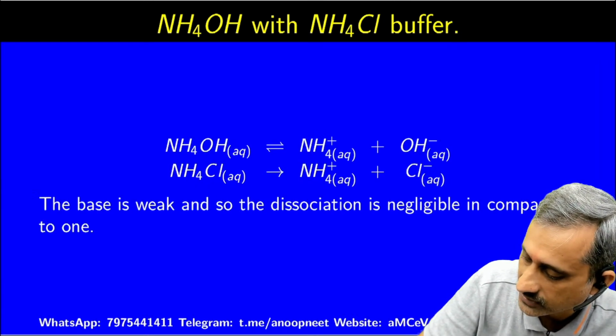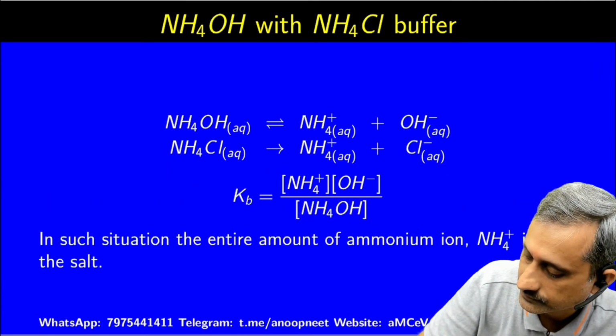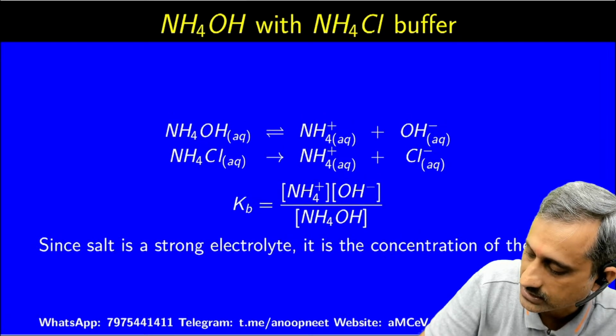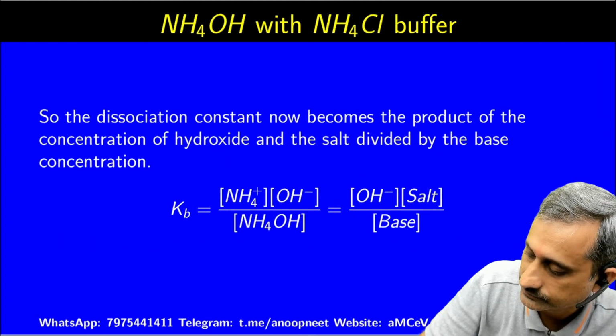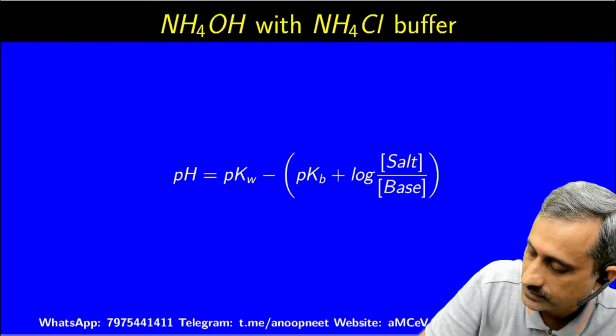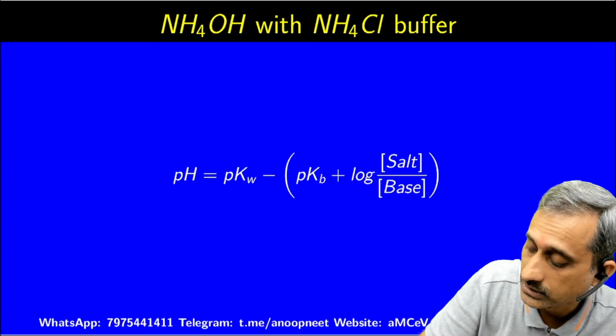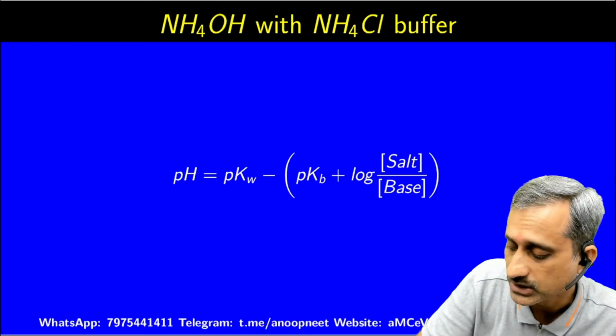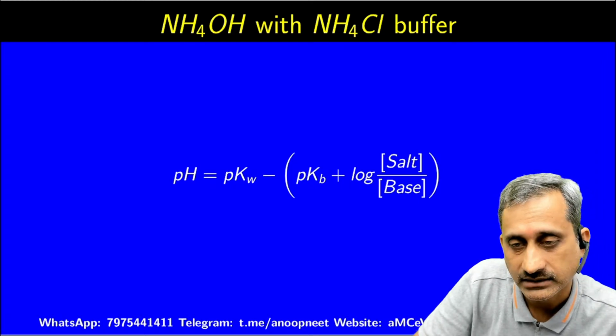So here we have the same thing, the Henderson-Hasselbalch equation for the basic buffer. So pH is going to be equal to pKw minus the pOH.